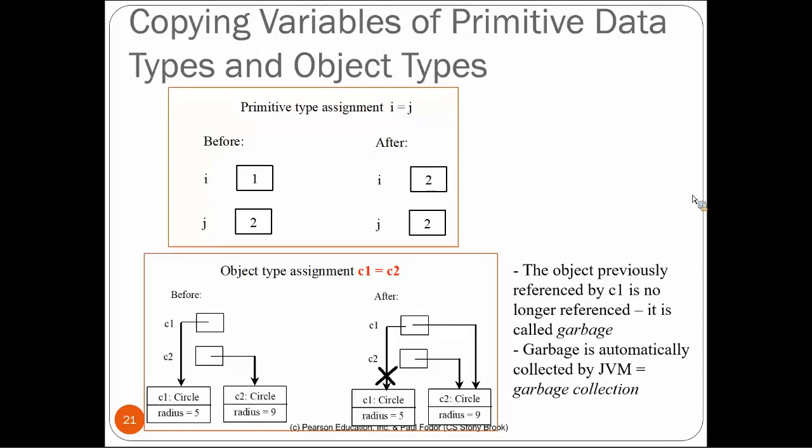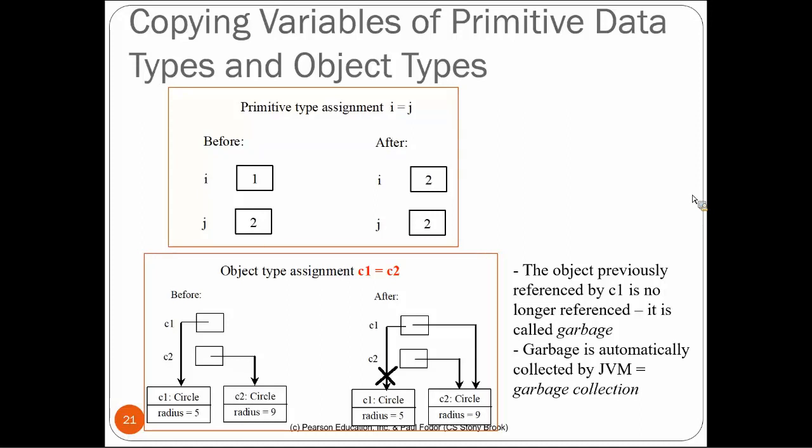So let's assume that we first do a test for primitive type variables. For instance, we define two variables, i and j. i was assigned the value 1 and j was assigned the value 2. Then we assign i equal to j. After the assignment, i will have the value 2 and j will have the value 2. If we modify i again, let's make it 3, i will have the value 3 and j will have the value 2.